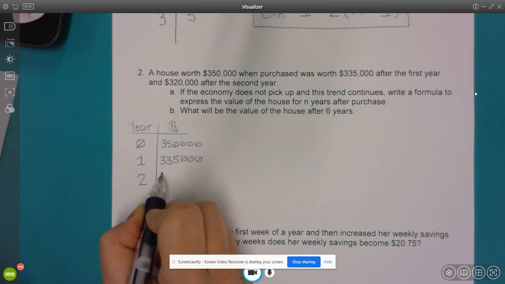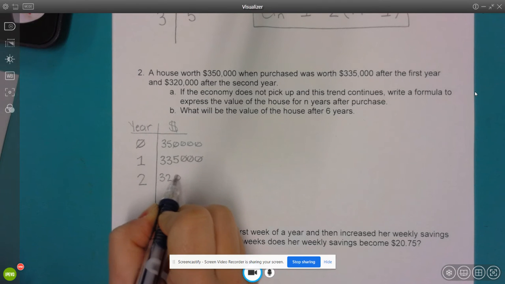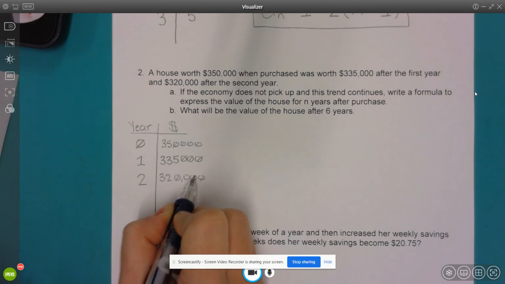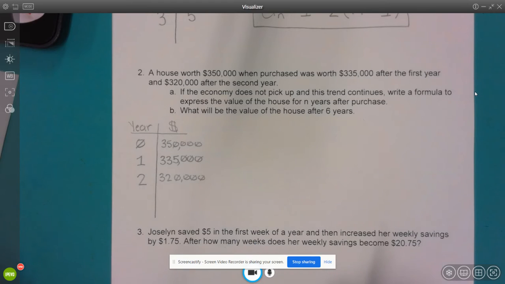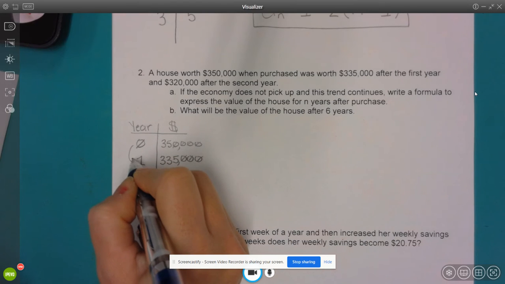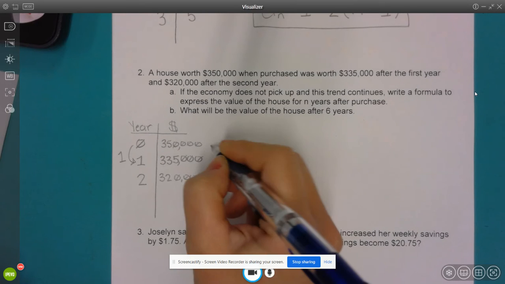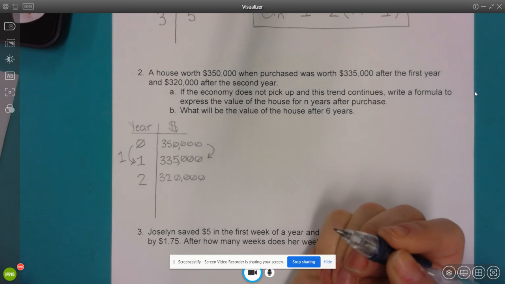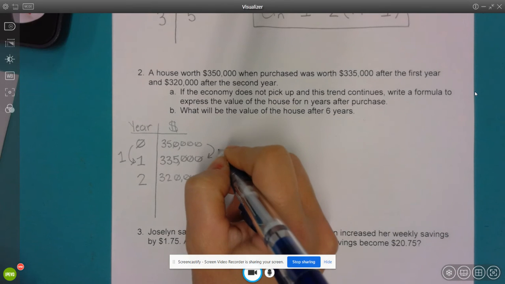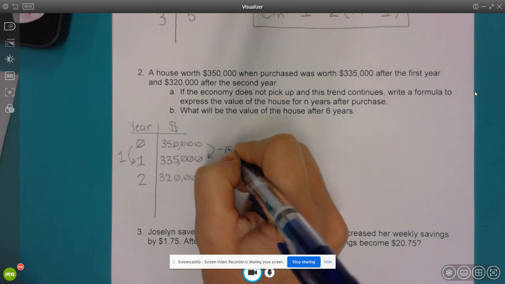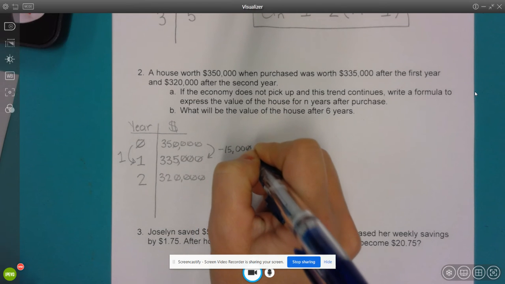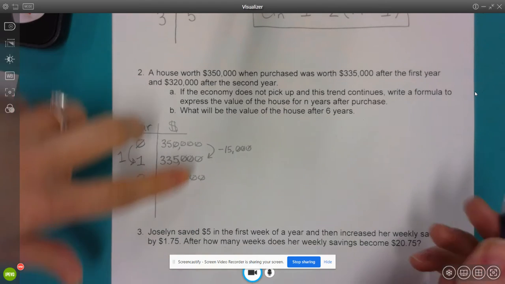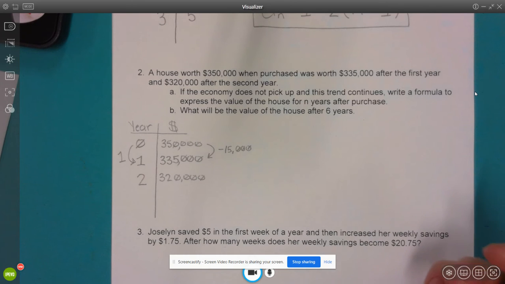And after the second year, it's worth $320,000. So for every year that we've gone up, the house price is going down $15,000.